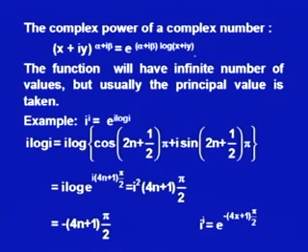From here we write down i raised to power i is equal to exponential of minus (4n + 1) multiplied by pi by 2.